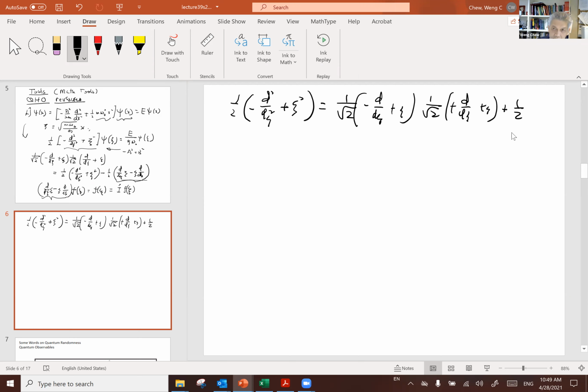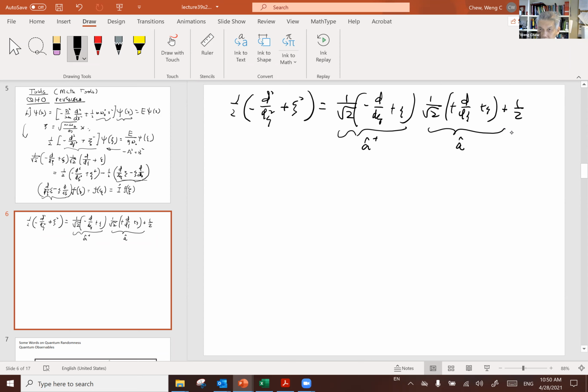And I'm going to give new names to these operators. This thing I'm going to call the A dagger operator, and this operator, I'm going to just call the A hat operator. Hat means that they are operators, and the dagger sign means that they are Hermitian conjugates of each other.